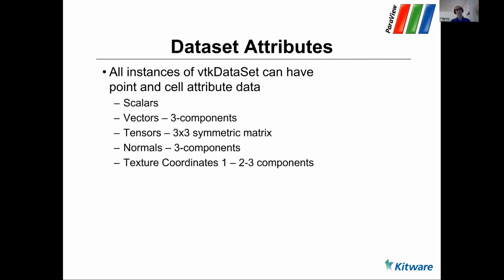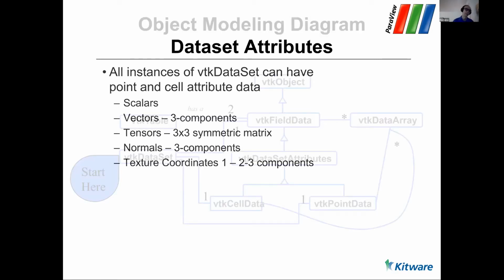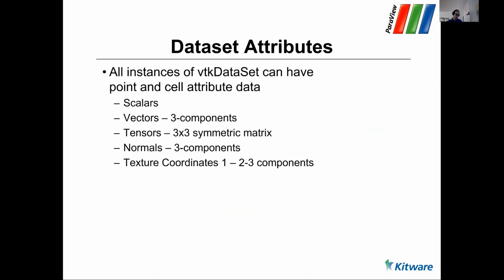All these are types of attributes that you can store in a data set, and you can store them for each point, or for each cell. So we have two types of attributes in a VTK data set. Again, in VTK terminology, points are the same as nodes in other domains, and cells are the same as elements in other domains.